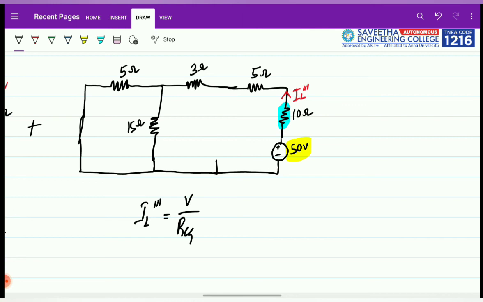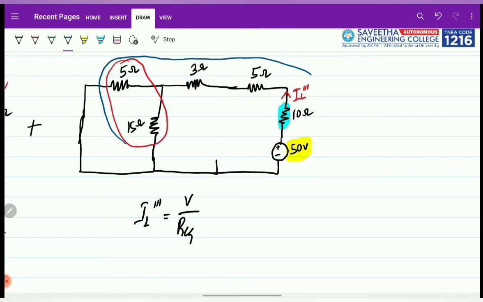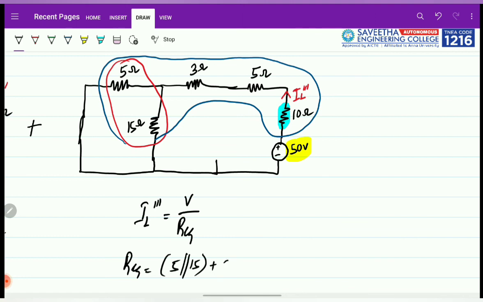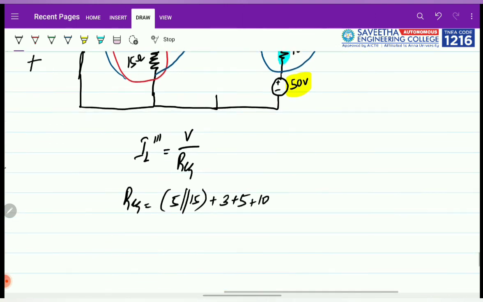So we can see that the 5 and 15 are in parallel. That again goes in series with the combination of all these things, right? They are in series with the combination of all those things. So the R equivalent can be given as 5 parallel to 15, and that is in series with 3, 5 and 10.